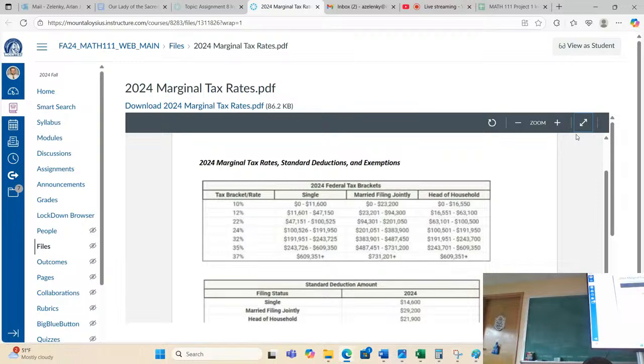So if you want to add that back on to that, to get the total taxes. Then do I add all these up?